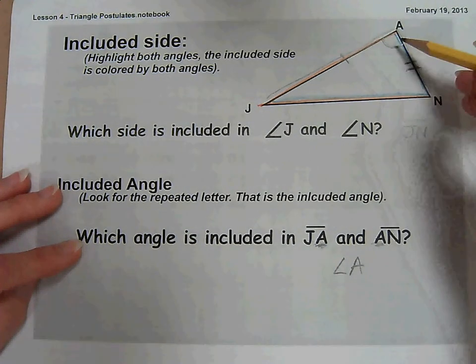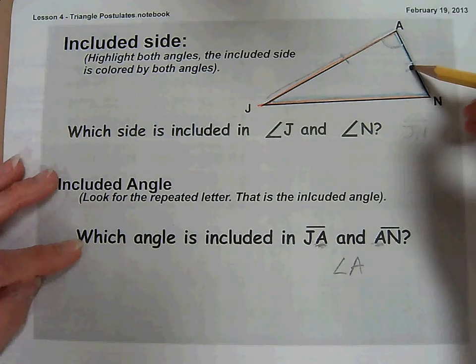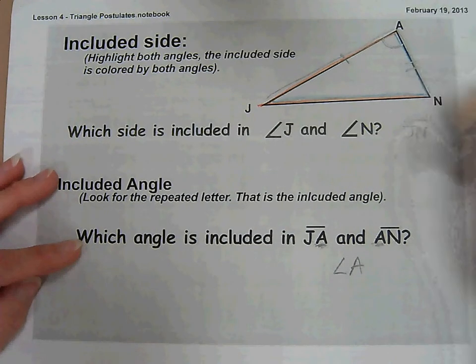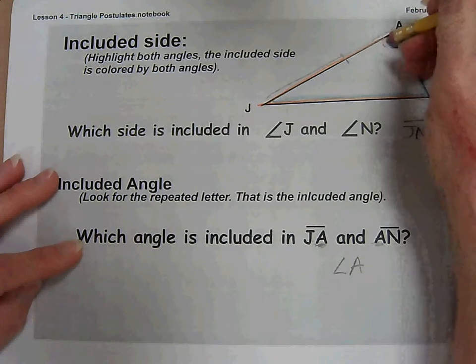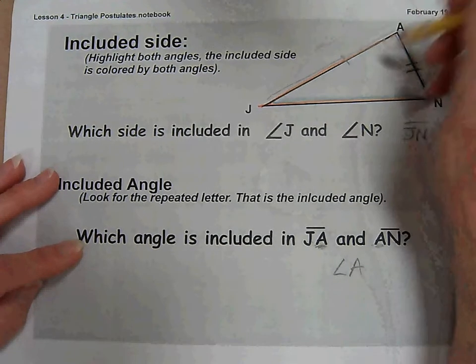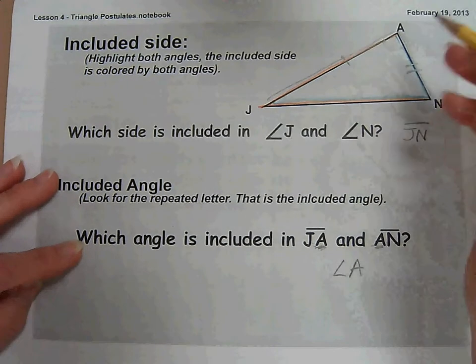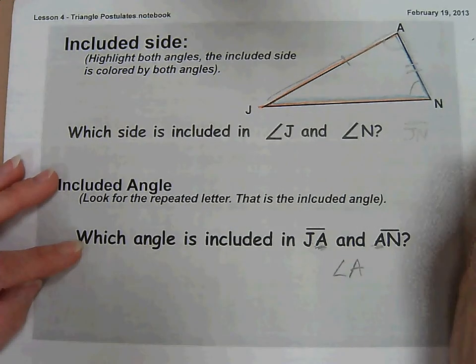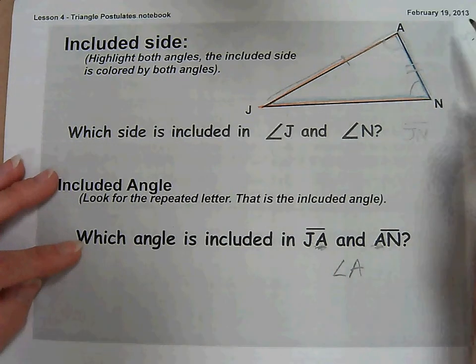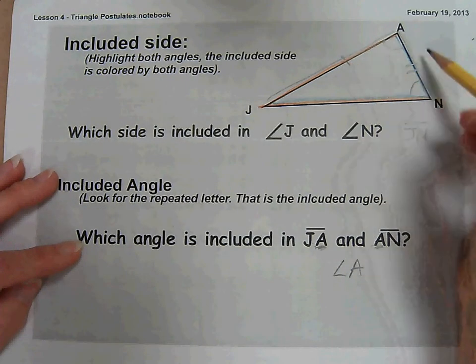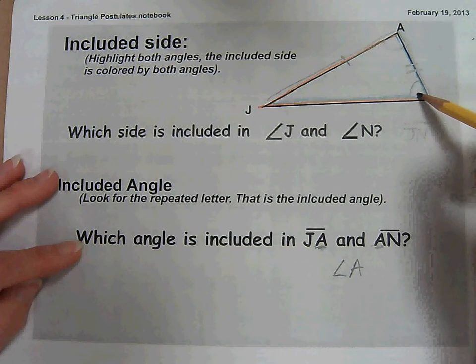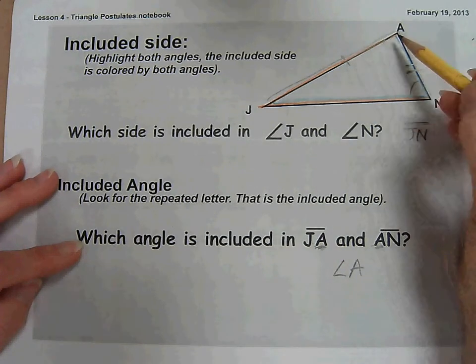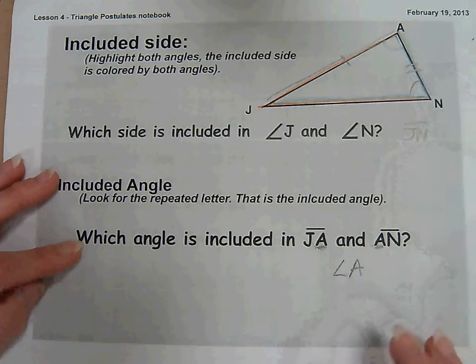Notice it's side, angle, side. If instead angle N were congruent to an angle on another triangle, then we wouldn't be able to use side, angle, side, because we've got side, side, angle. We don't have angle, side, side.